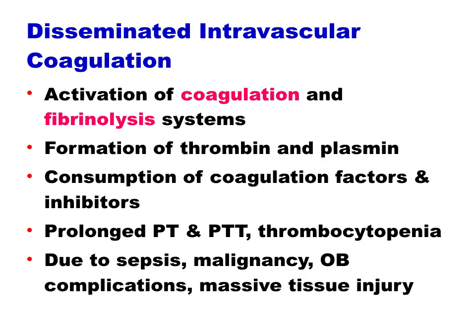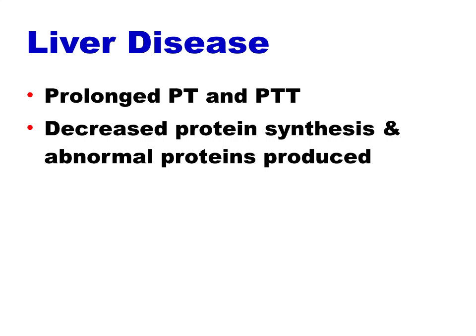They also have thrombocytopenia because the platelets are being consumed. You can observe this in a lot of conditions like sepsis, which is the most common, certain malignancies as well, OB complications, and massive tissue injury. Patients can have DIC or disseminated intravascular coagulation.